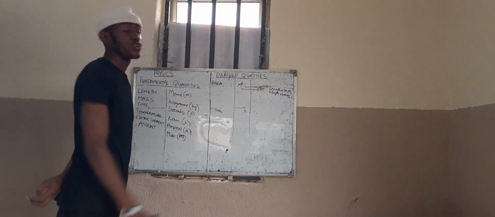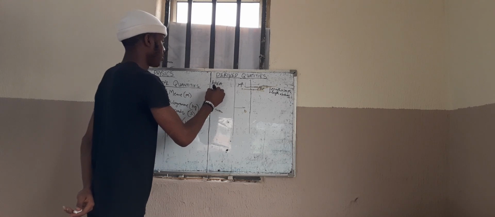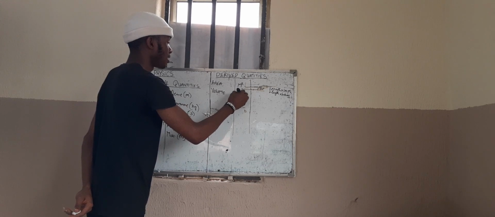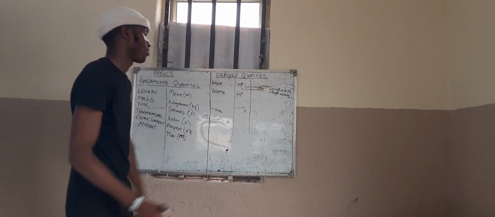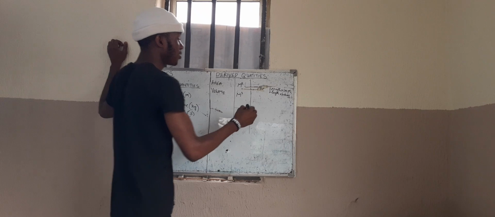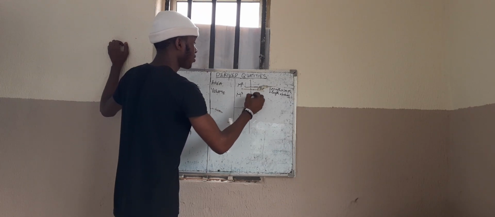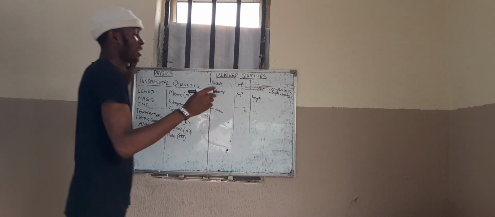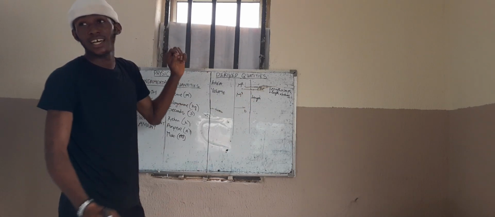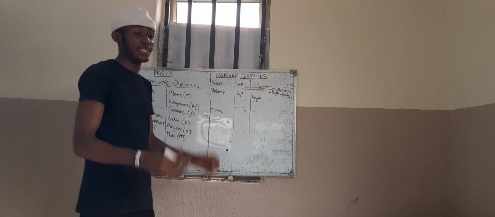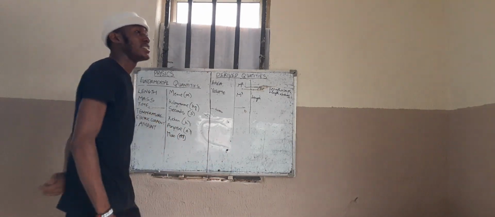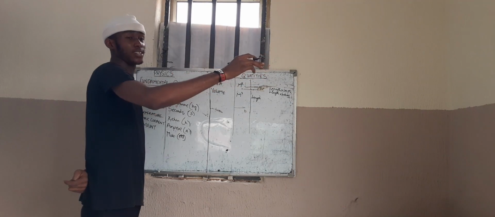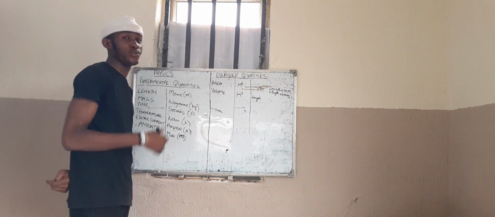Then we have volume as a derived quantity. The unit of volume is meter cube. Volume can be derived from the combination of the fundamental quantity length. Mind you, length can be used to replace displacement. Let's say they will say that displacement is the distance reached with reference to time.